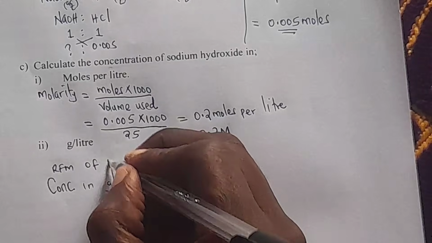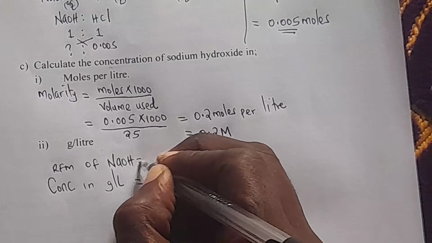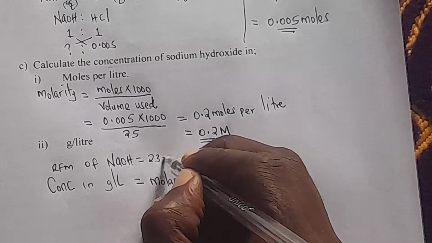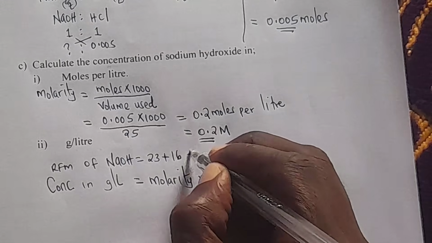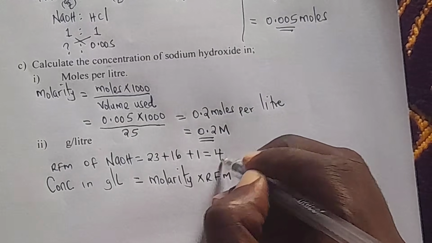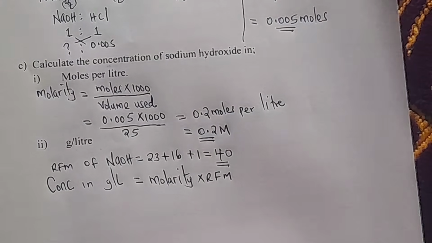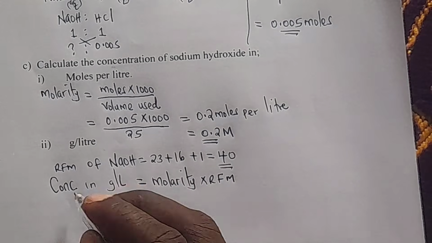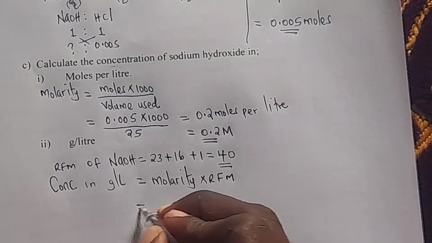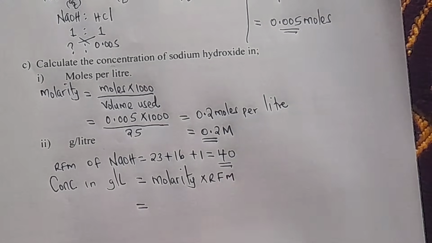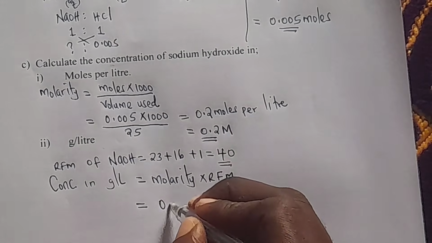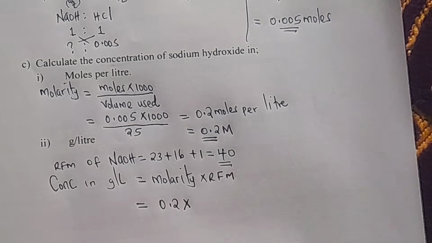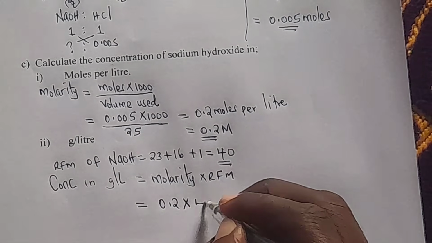The RAM of sodium is 23, plus the RAM of oxygen is 16, plus 1 for hydrogen will give us 40. Using the formula, concentration in grams per liter equals molarity times RFM, the molarity of sodium hydroxide is 0.2 multiplied by the RFM of sodium hydroxide, which is 40.